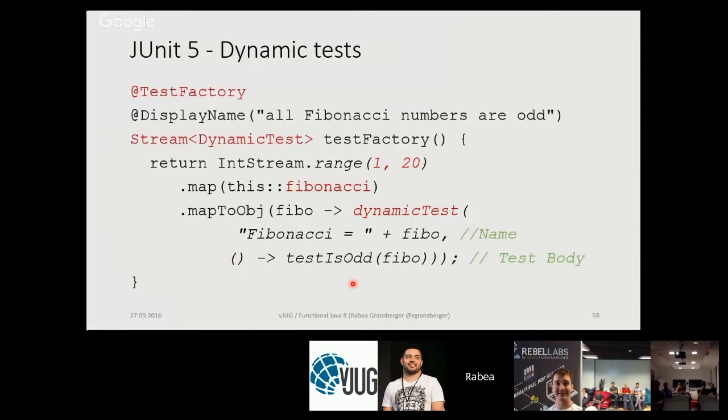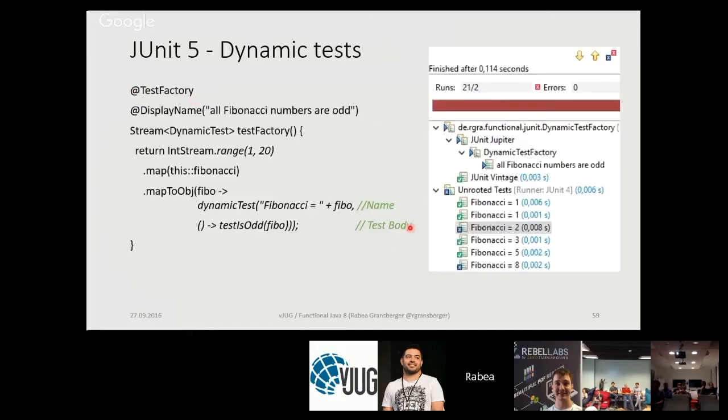Then we just have to wrap it up in a test factory method where we return a stream of dynamic tests, and we annotate it with @TestFactory. And then it really shows up nicely in our IDE. So we have all these different Fibonacci number test methods here. And you see one of them fails. There's another one which fails. So our assumption was really right.